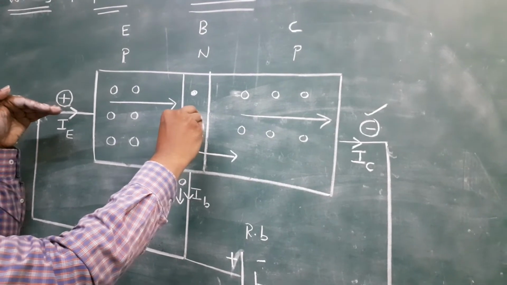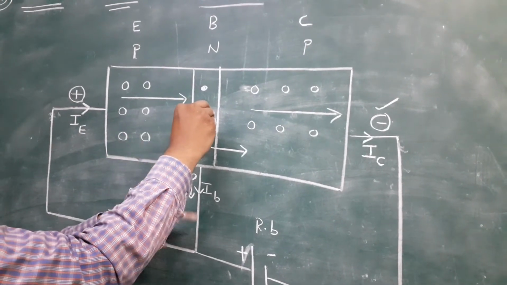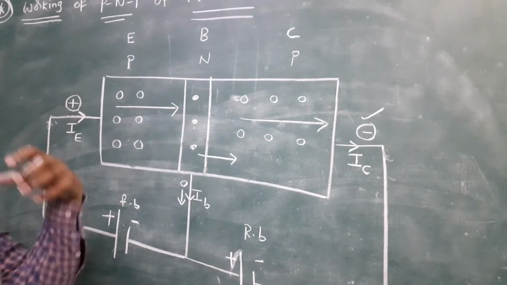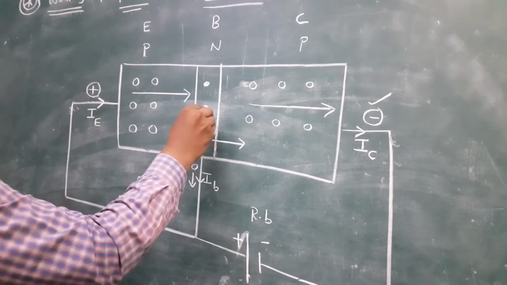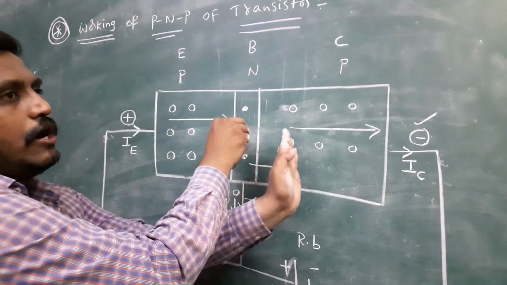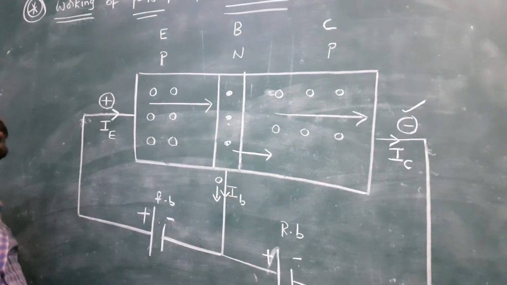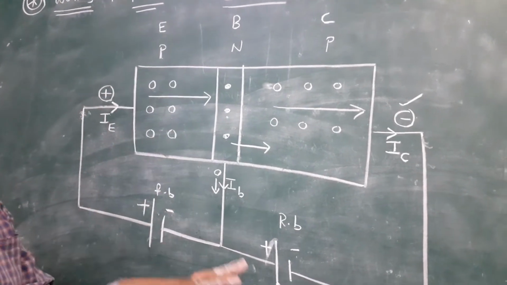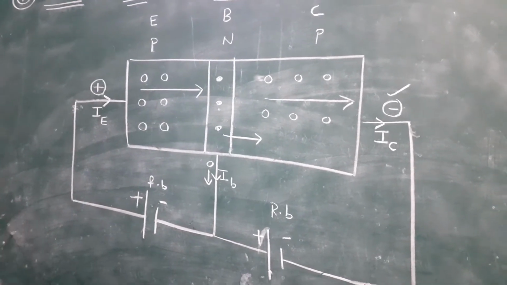Inward IE, outward IB, outward IC. That means, according to Kirchhoff's law also, inward current equals the sum of the outward currents. That means IE equal to IB plus IC.